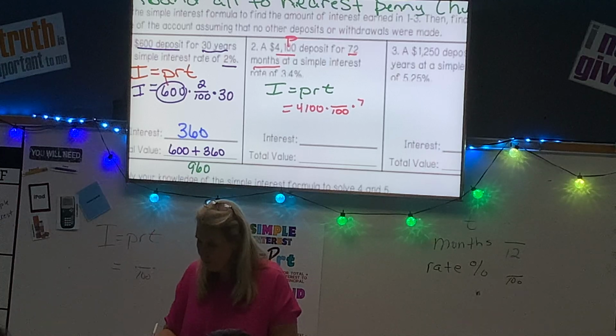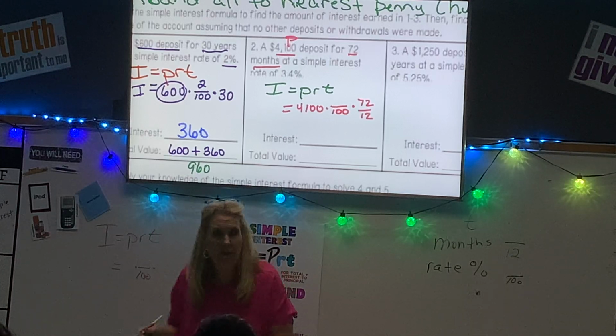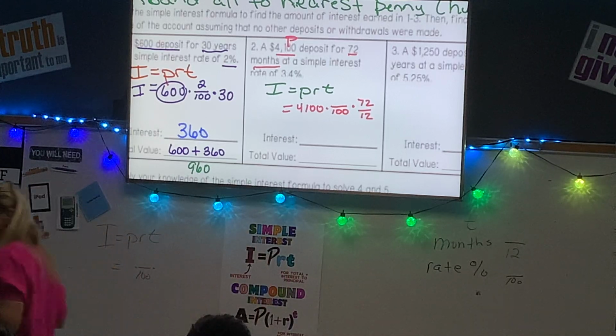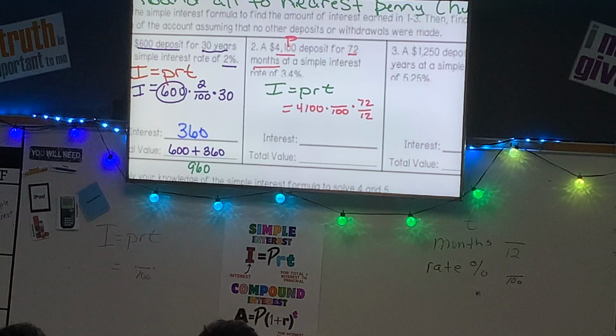I have to put it over 12 in my time. The reason I have to do that is because it's in months. And then my simple interest rate is 3.4. So once you have your equation written down, you can then go to your calculator.